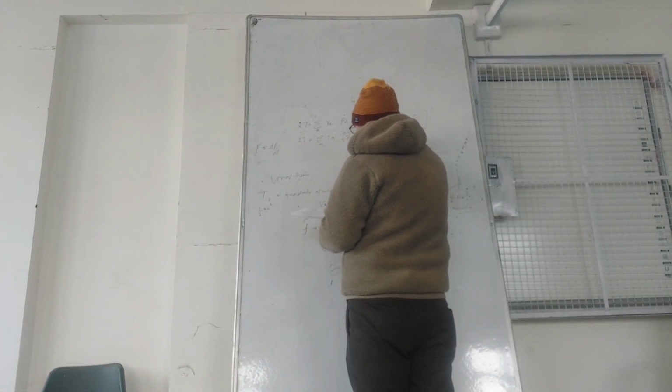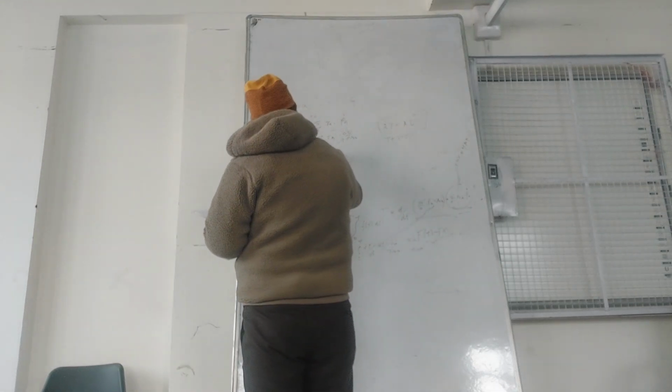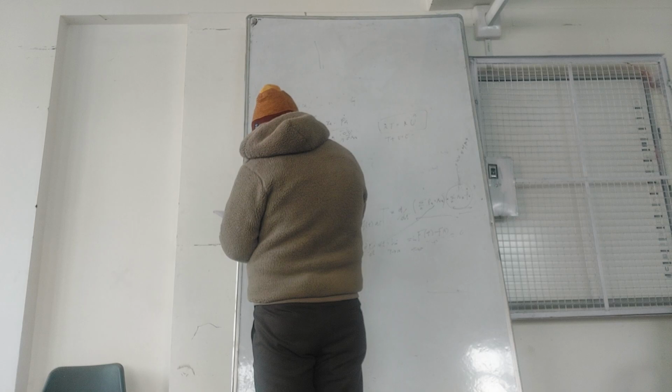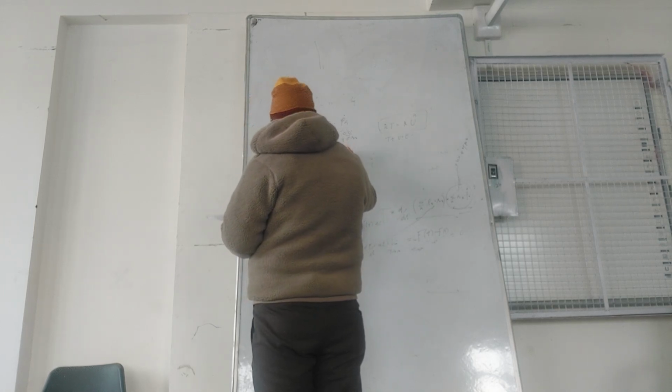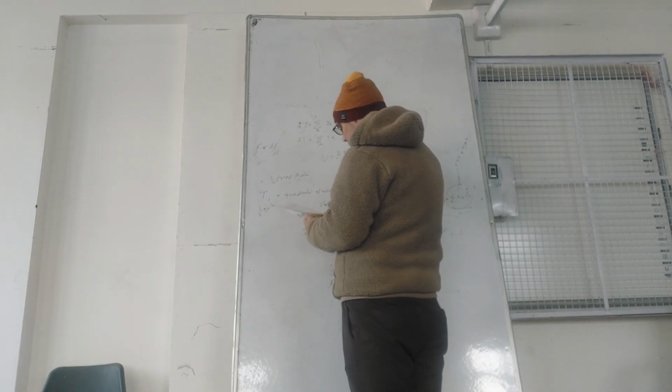If total energy plus this is equal to E, then we can write U by doing substitutions. We can write U as E plus this, and T as this.